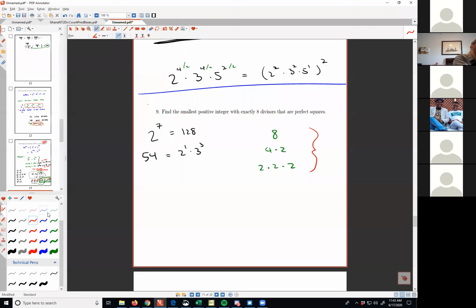And these each give us a possible prime factorization, like a prime to the 7th power, or a prime to the 3rd power times a prime to the 1st, or 3 different primes all taken to the 1st power would give us 1 plus 1 times 1 plus 1 times 1 plus 1 number of divisors. So now we want the smallest possibility out of these.